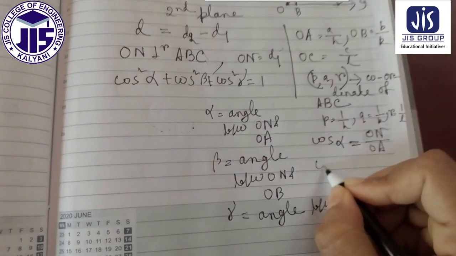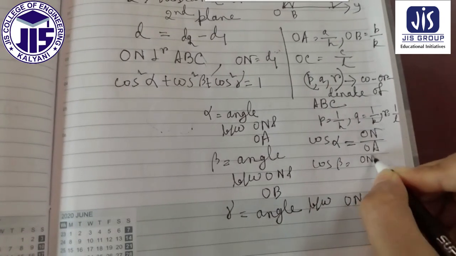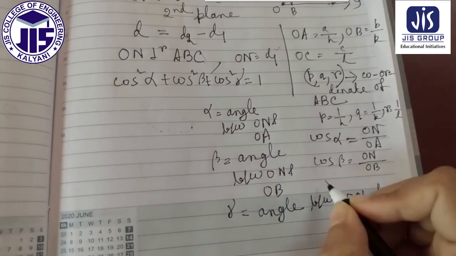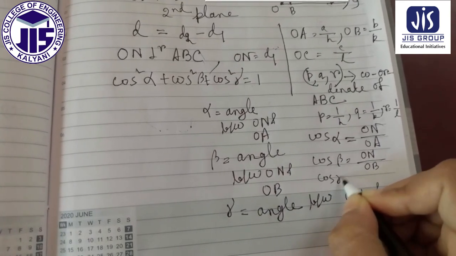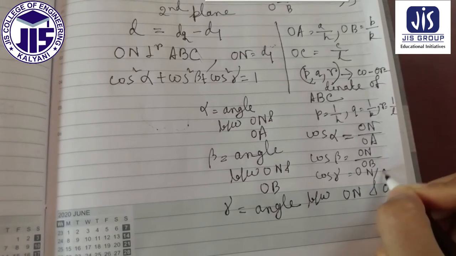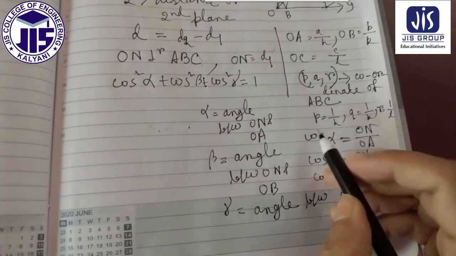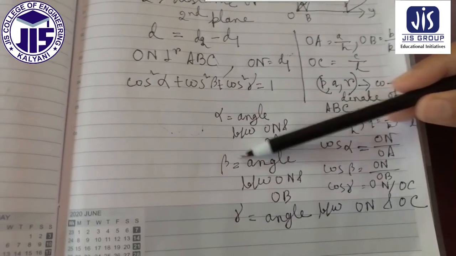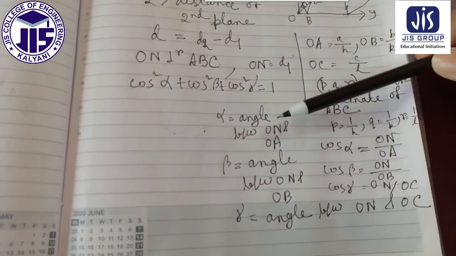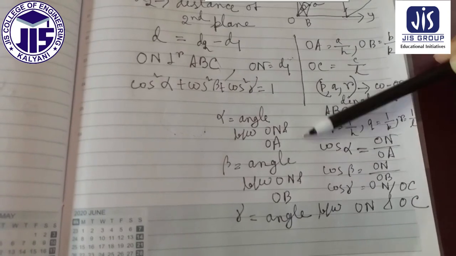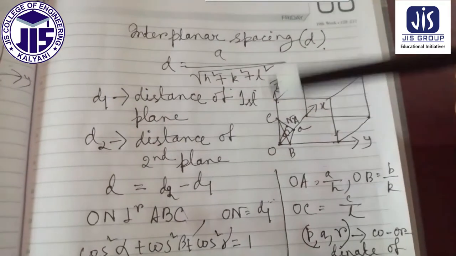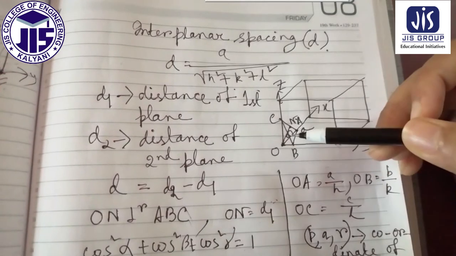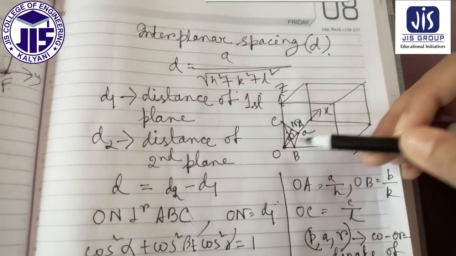Cos beta equal to ON by OB, and also cos gamma equal to ON by OC. From the figure we can write it. Alpha is the angle between ON and OA. Now if you go to the figure, what is the base? ON, and the hypotenuse is obviously OA.